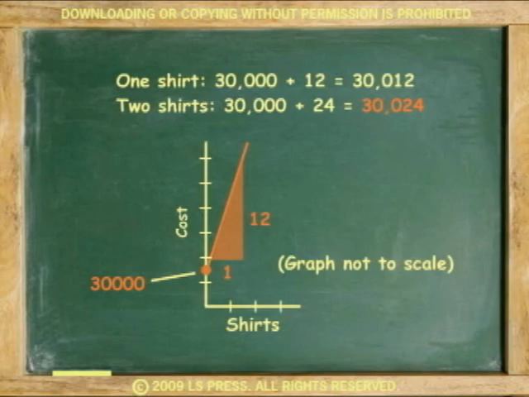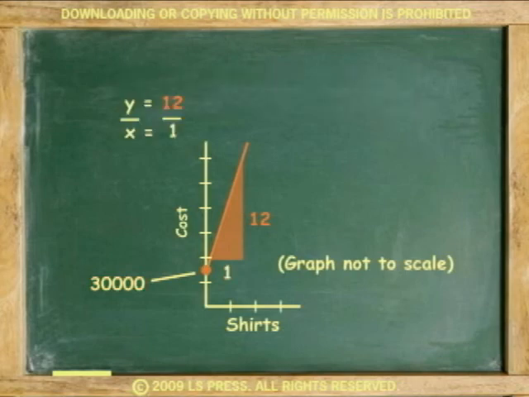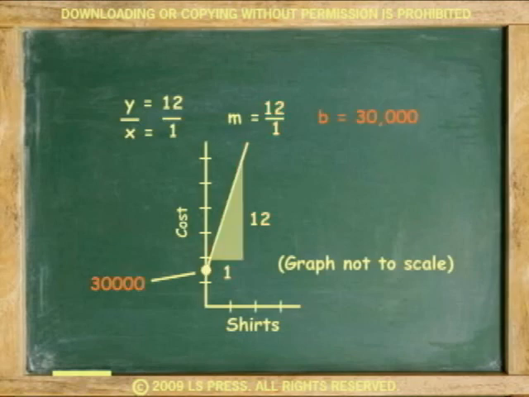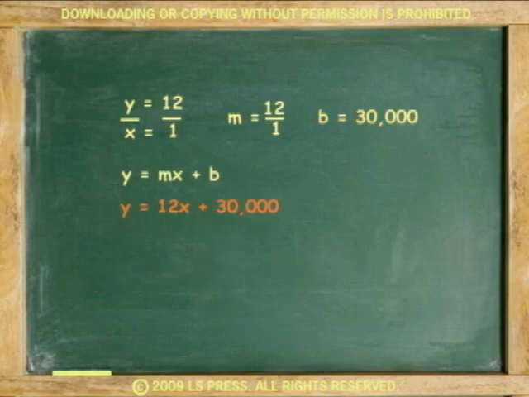Thus, the slope of the line is the vertical change, y equals 12, over the horizontal change, x equals 1. So m equals 12/1, or 12, and the y-intercept, that's when x equals 0, is 30,000. Ernestine's linear model is y equals 12x plus 30,000.